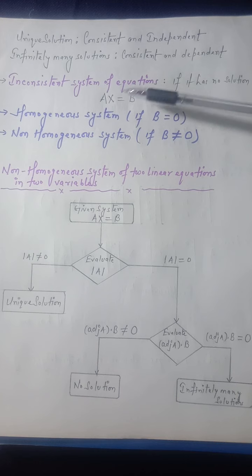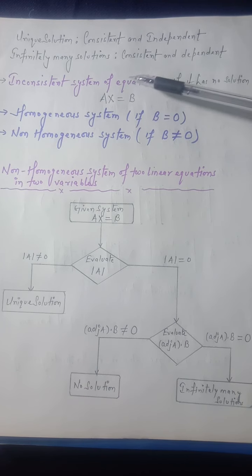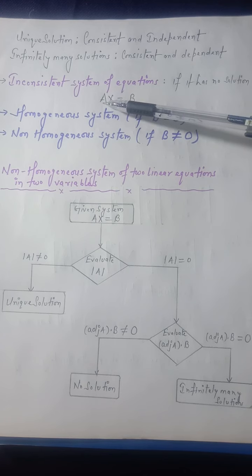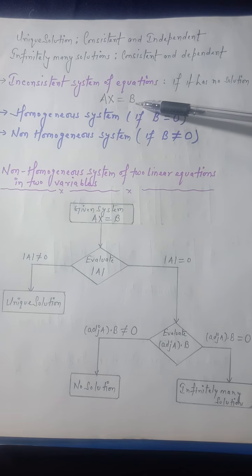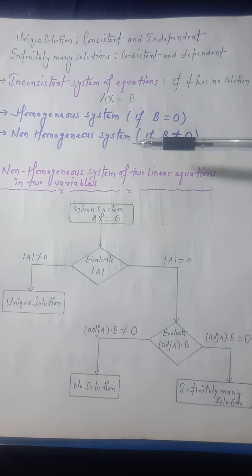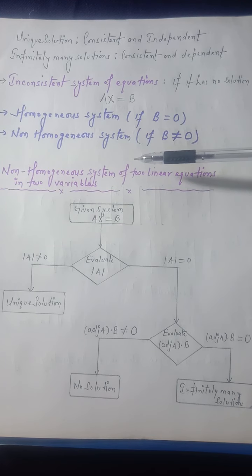Suppose I am taking a matrix equation AX equal to B, because if any equation is given, we can write it in matrix form as AX equal to B. Now two more things are present: one is the homogeneous system and the second is the non-homogeneous system.